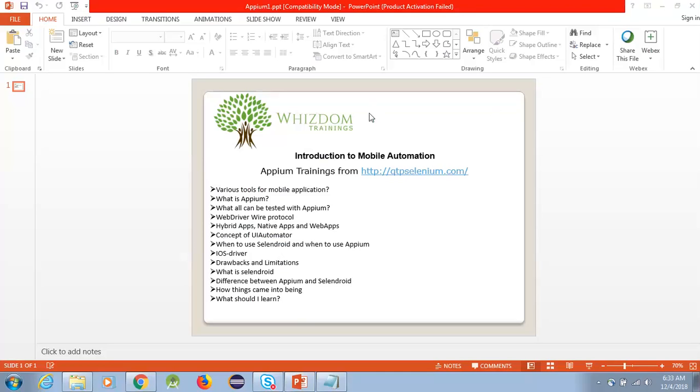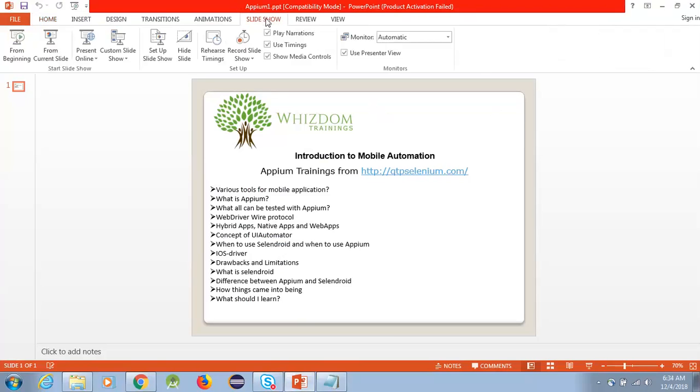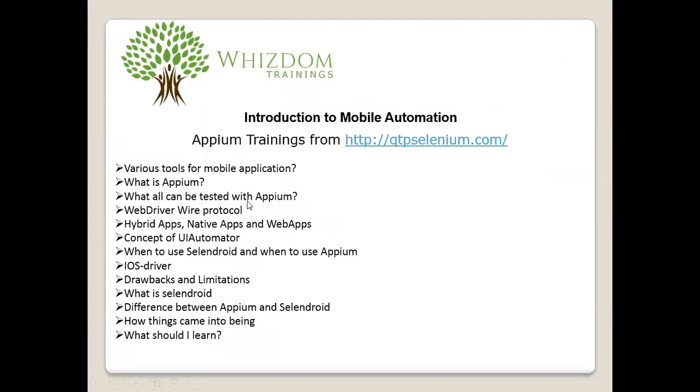So now if I come back, this is what I have mentioned in my presentation also. We have covered all these aspects, like Appium, what we'll be testing, what the protocol is. Tomorrow we'll be going with the installation stuff.